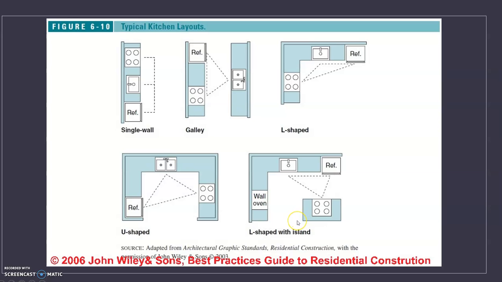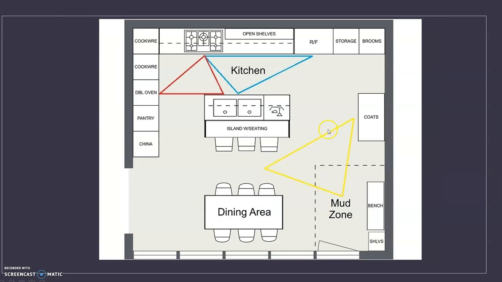One thing I wanted to say about the work triangle is that it can't be too far. Look, in this image, this is your work triangle. You can't have your refrigerator here because it would be too far, and there's a barrier in between, so your triangle isn't that sufficient.